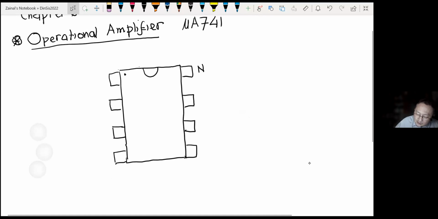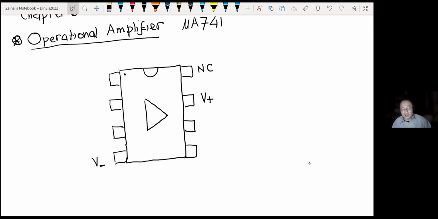This one is not connected, no use. The op-amp is something like this. This one is V plus, the supply plus, and this one is the supply minus. For example, you can connect this from 6 until 18 volts.